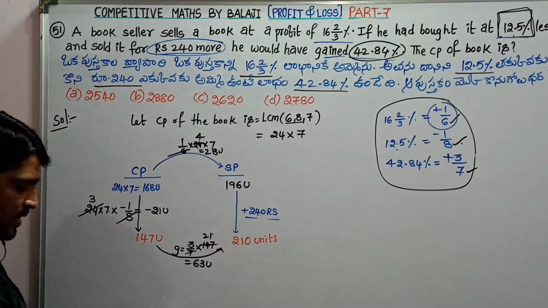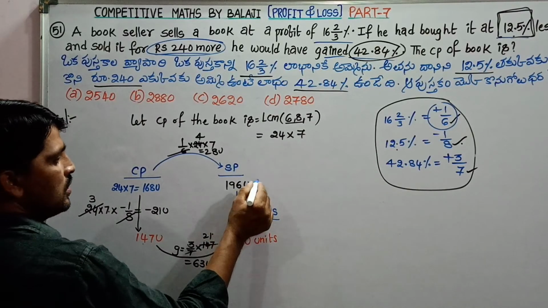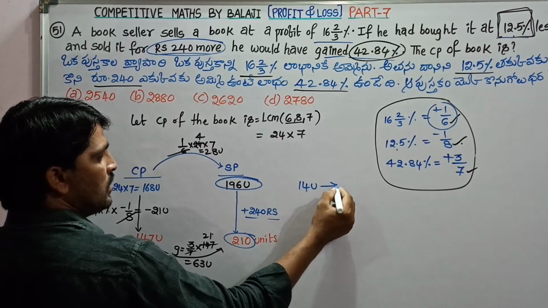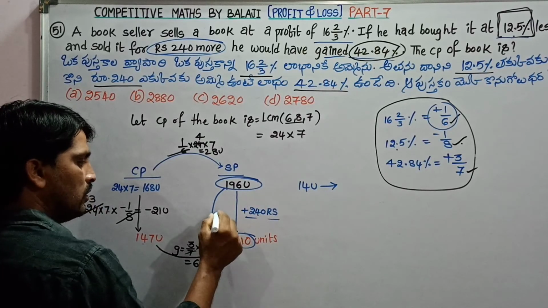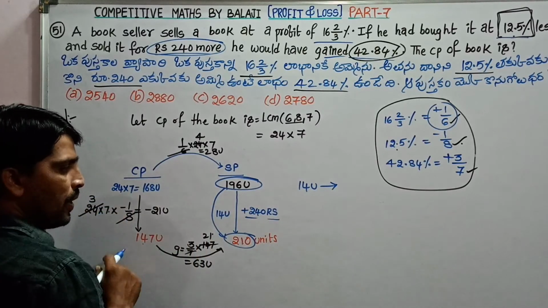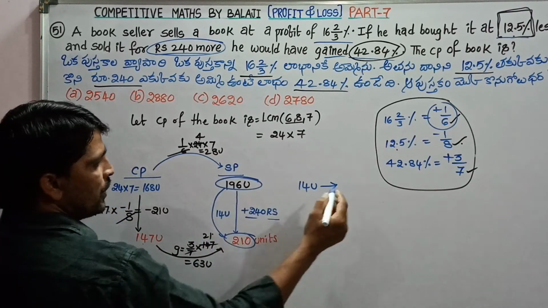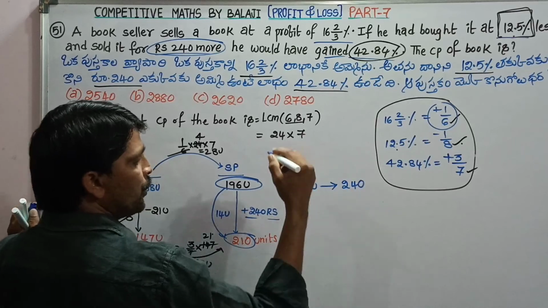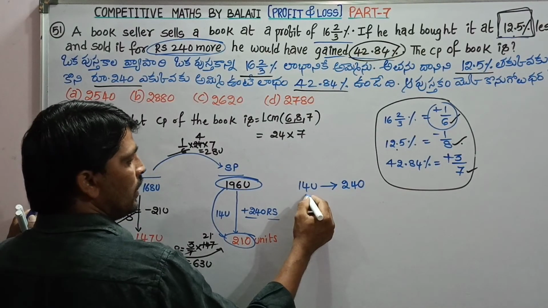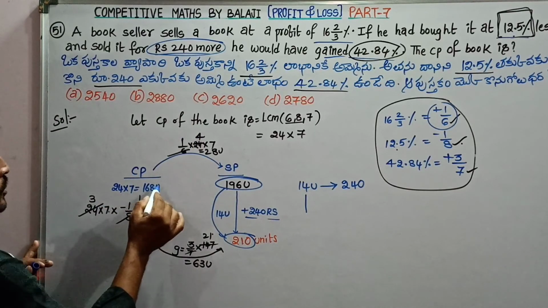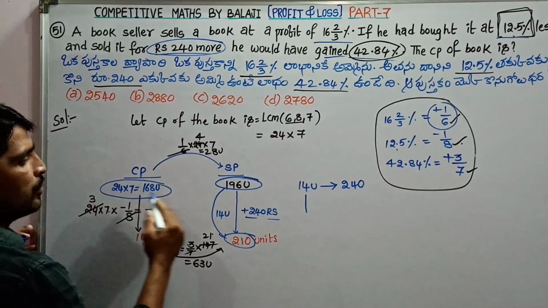Now consider the difference between SPs 196 and 210, that is 14 units. There is a 14 units increase in SP, because its selling price is increased by 240 rupees. That is, 14 units value is 240. Then we have to find the initial cost price of the book. Initial cost price of the book is 168 units.